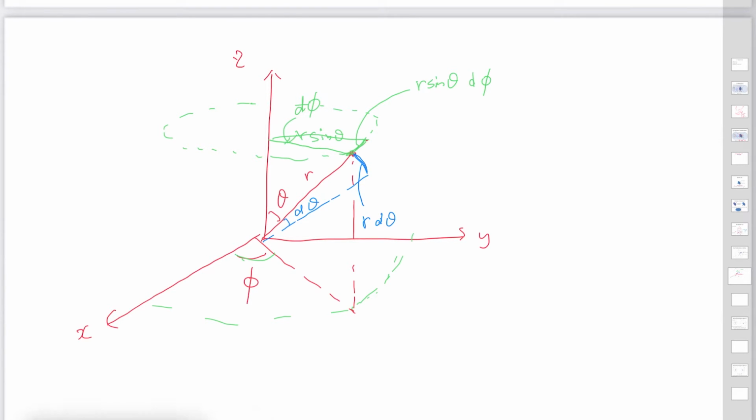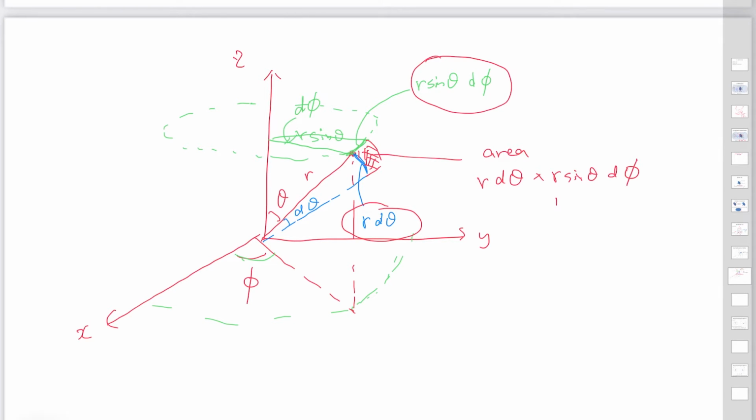We'd like to calculate a small area on the surface of the sphere. This times this one. So the area is calculated as r d theta times r sine theta d phi.